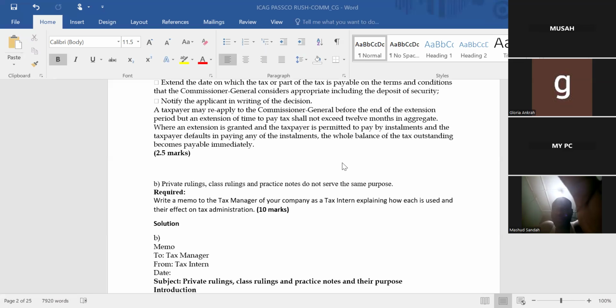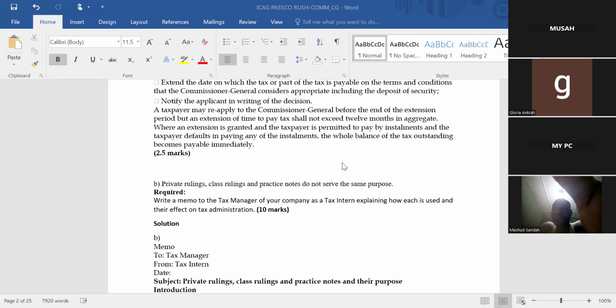Now, the accountant in Clement Enterprise wrote to the Commissioner General asking the Commissioner General of his position or how this particular allowances paid to the directors should be taxed. Now, if the Commissioner General receives this request from Clement Enterprise and responds to Clement Enterprise, it means that this ruling by the Commissioner General is for what? One taxpayer.